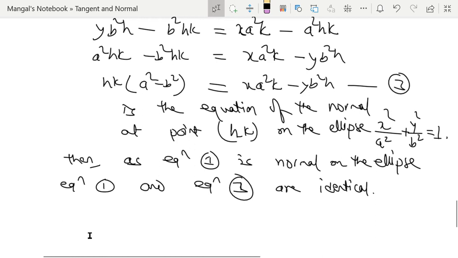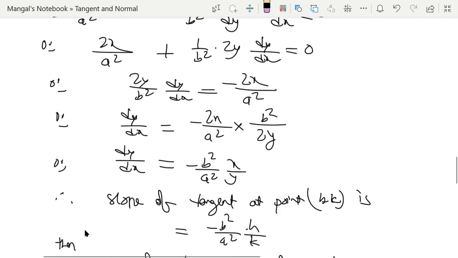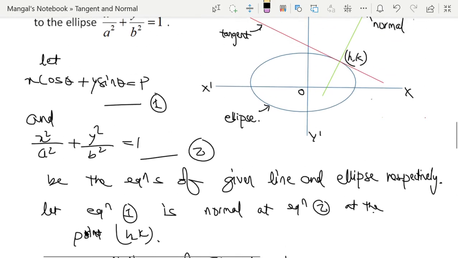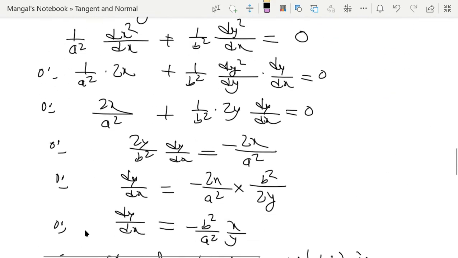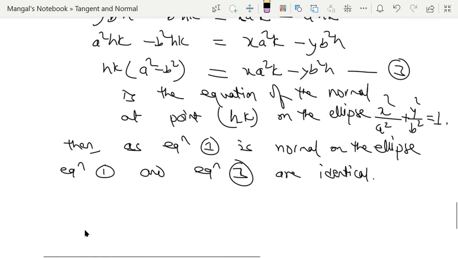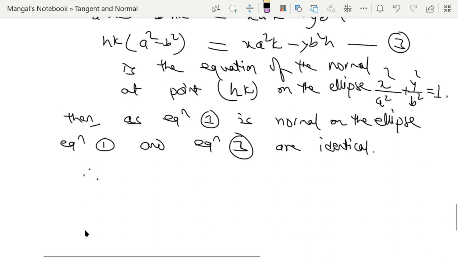So here for equation 3, the coefficient of x is a square k, and for the first one, the coefficient of x is cos theta. So we can take their proportion. Therefore a square k upon cos theta will be equal to the ratio of the coefficients of y.